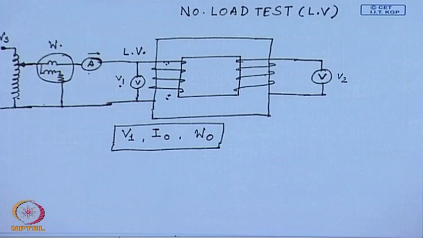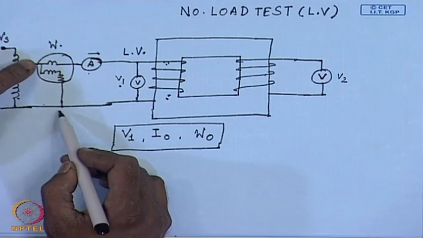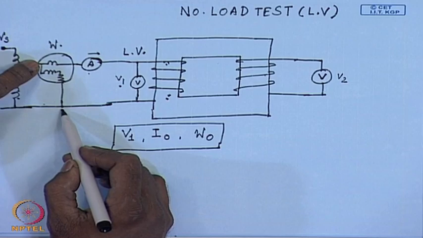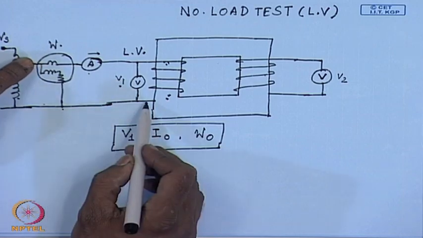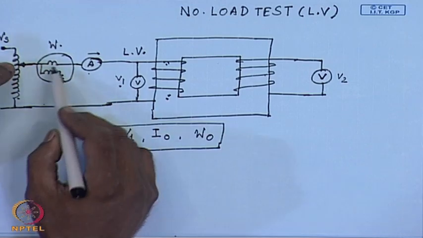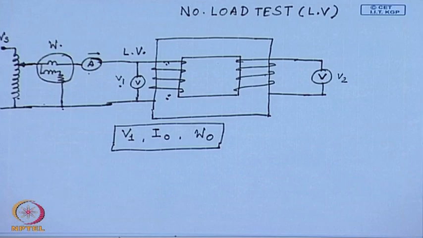One should also be careful about choosing the wattmeter. The wattmeter potential coil should be rated at the rated voltage of the low voltage side of the transformer. However, the current flowing through the wattmeter current coil will only be the no load current.